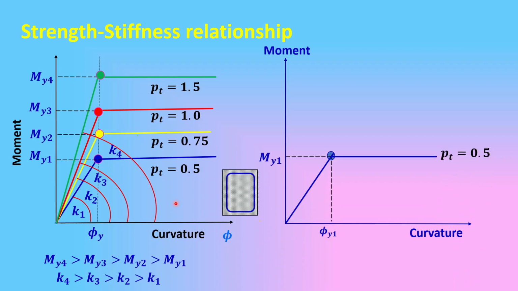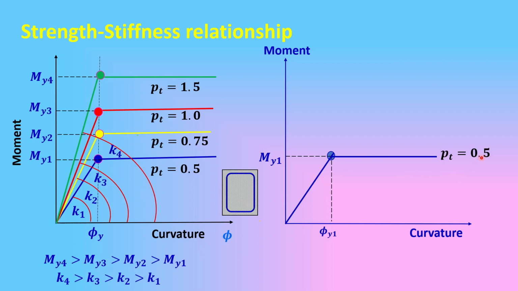The code assumes that your section has some stiffness which is given by B and D, that is, if it is a rectangular section, I equal to BD cube by 12, and is guided by only these sizes B and D. Code is silent about the content of steel, or the material Fy, Fck, etc., in imparting the stiffness.